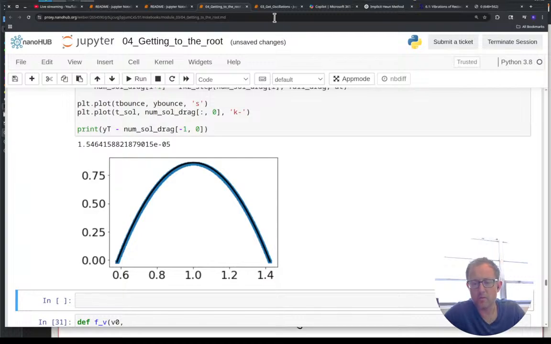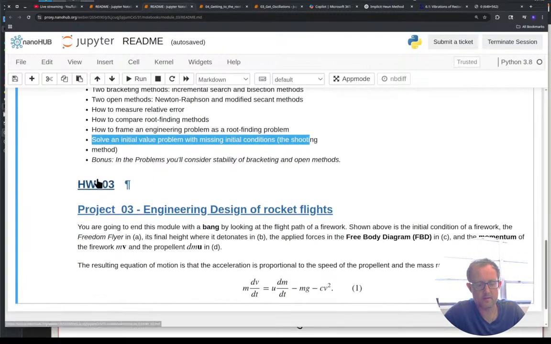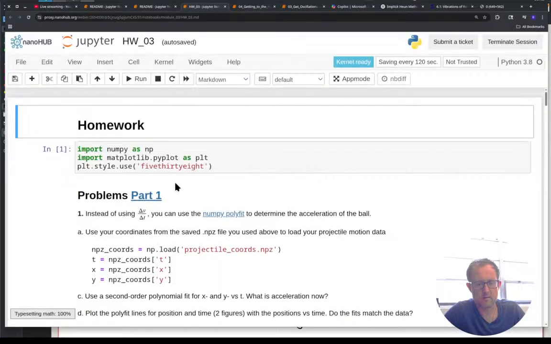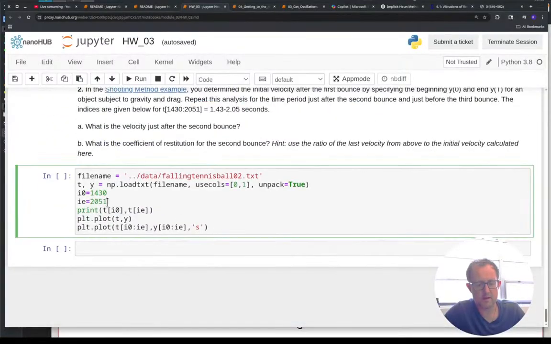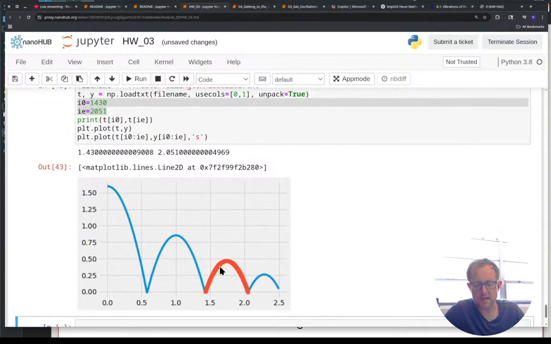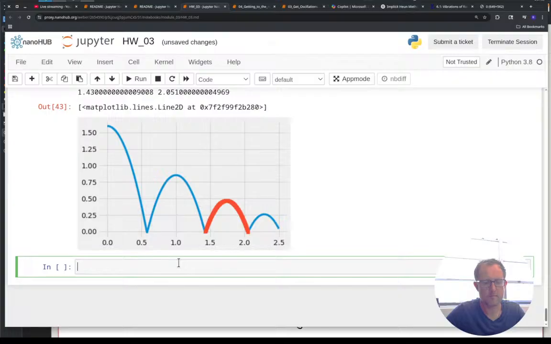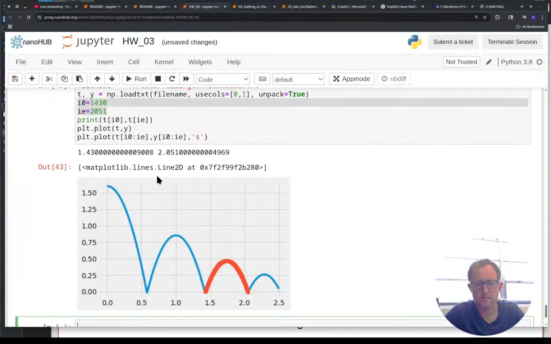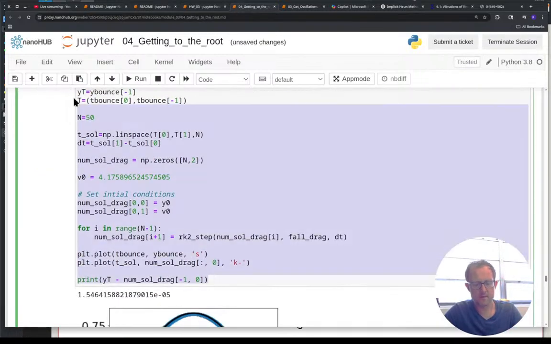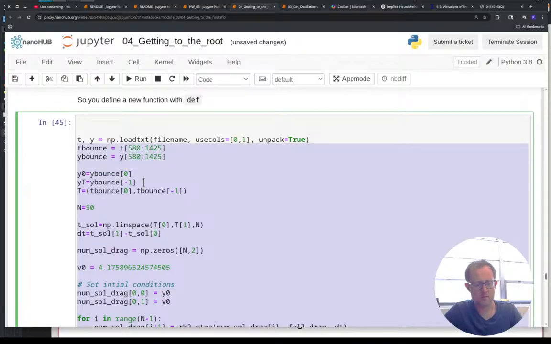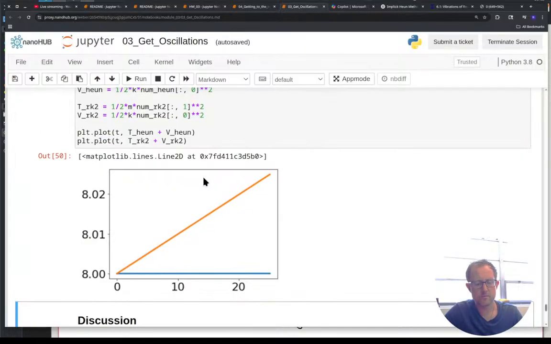In the homework, we were looking at the next bounce. Let's see. Yeah, so here 1430 through 2051. Like this last bounce. So if I wanted to do that one, oh wait, homework, trying to get to the homework again.